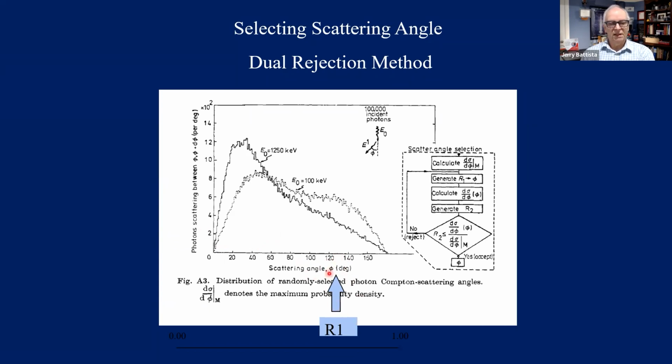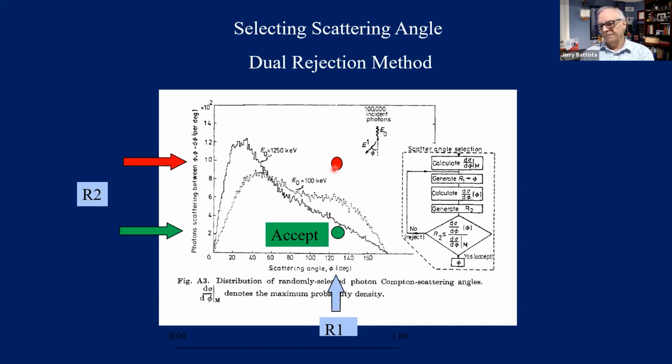So basically that interrogates, it says, did the photon scatter at 130 degrees? You call a second random number. If it lands here, you say, yes, it did, and you move on. If you reach a second number here and it comes outside this area, then you say, no, that didn't happen, and you try again. So this is how you can decide randomly how to populate these distributions of scattered photon angles.